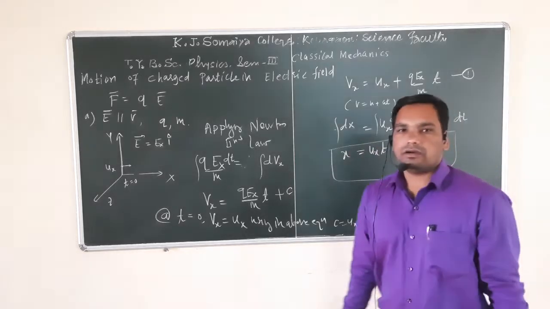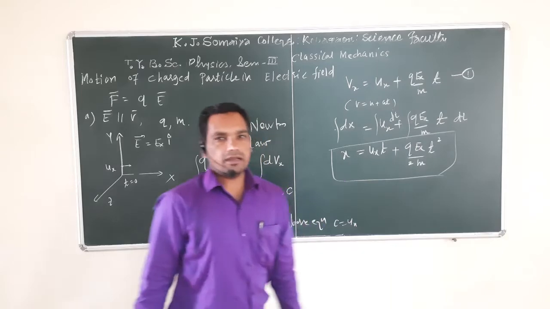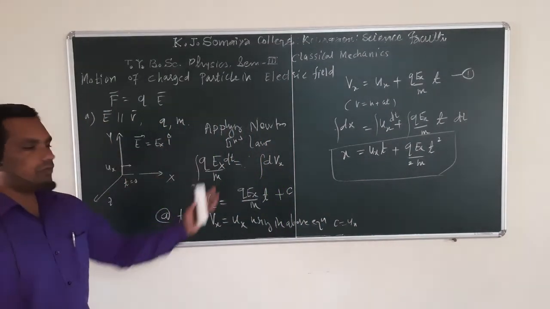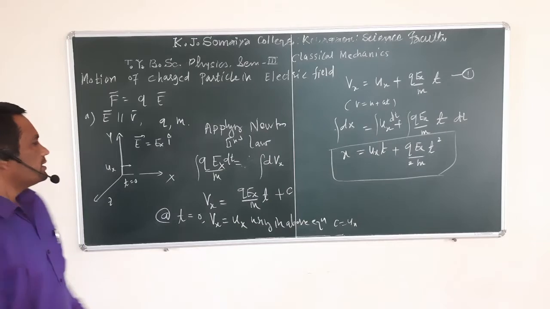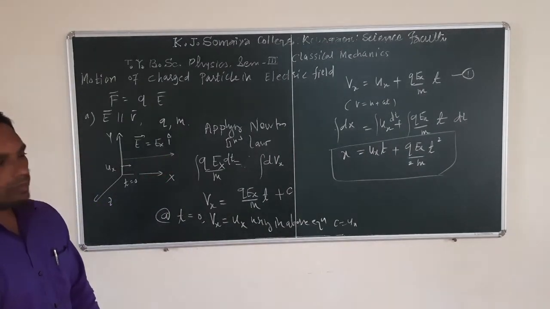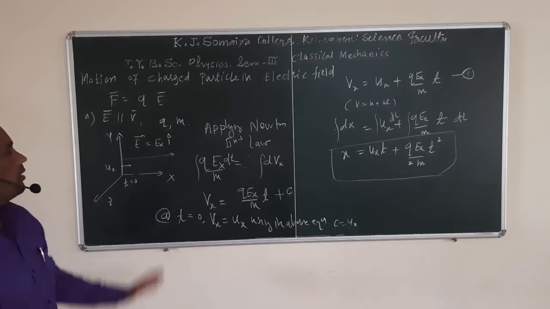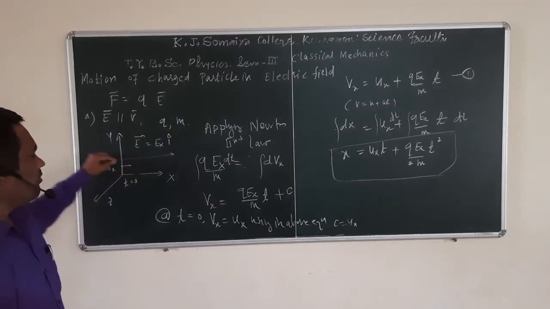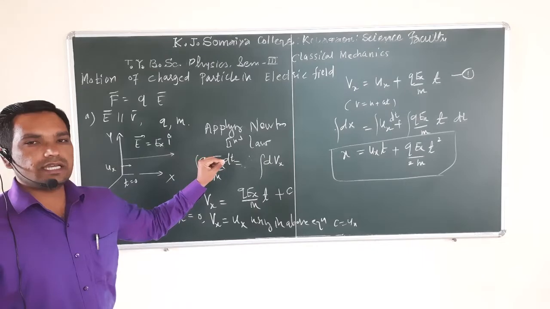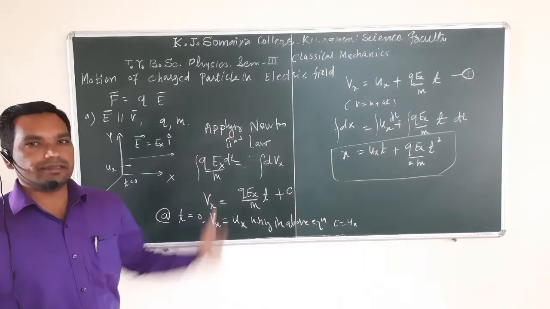So what is the trajectory of that charged particle in the electric field when the electric field is parallel to the direction of velocity? It is nothing but a straight line, from that equation. But while moving, that charged particle gains velocity, which means it is accelerating.